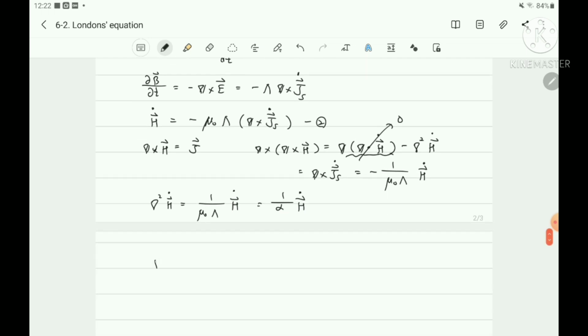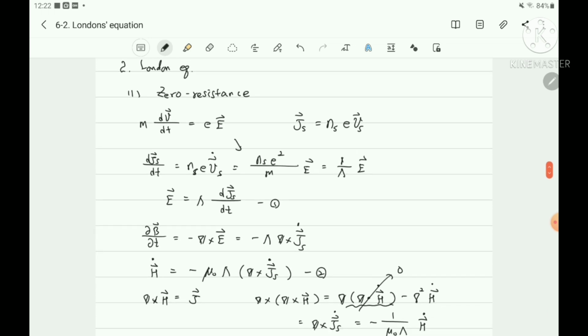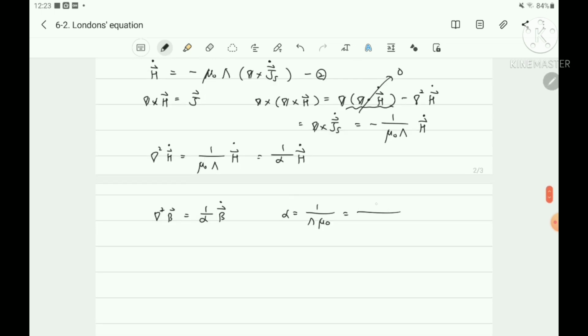In other words, the Laplacian of B equals 1 over alpha B dot. Here alpha is 1 over lambda mu 0, and lambda is m over ns e squared, so alpha is m over mu 0 ns e squared.